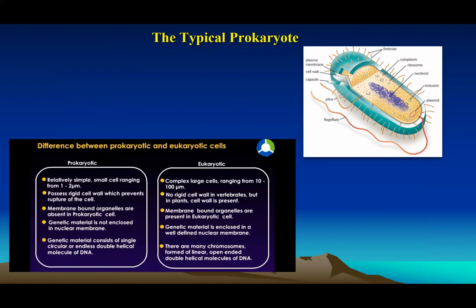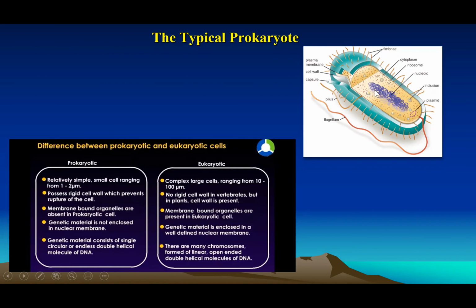So if you take a prokaryote, like bacteria, how does it differ from a eukaryote? If you take a typical prokaryote, it will have a cell membrane and a cell wall. Sometimes it might have a capsule to protect itself or to stay dormant. The DNA is just hanging there in the center of the cell.